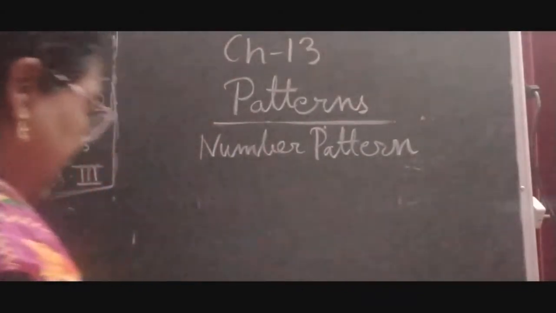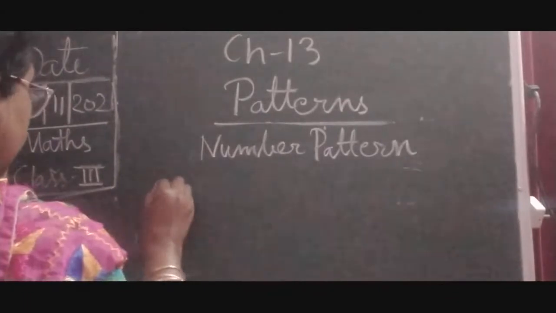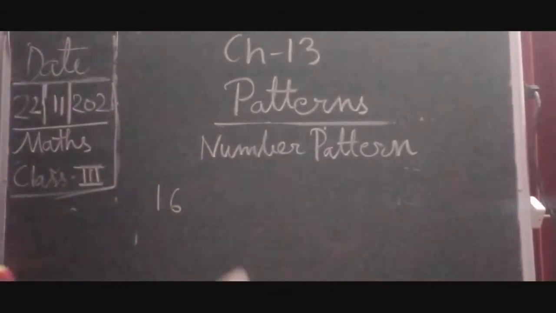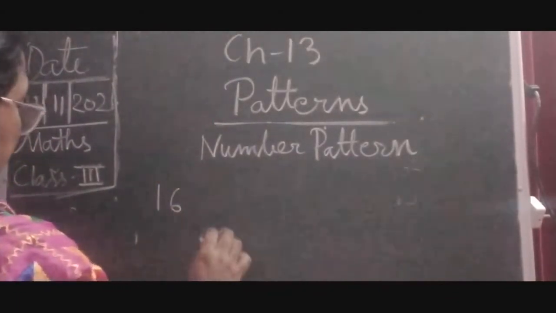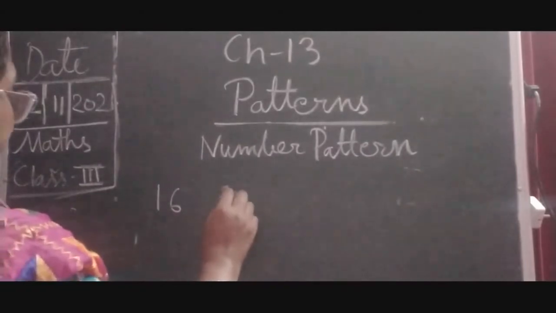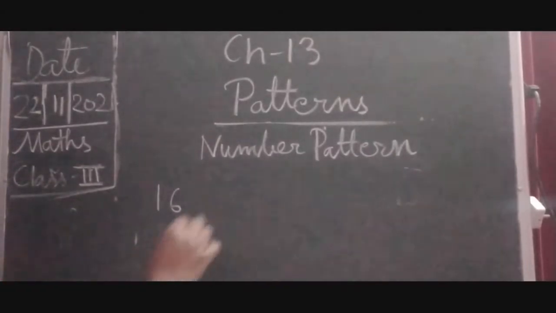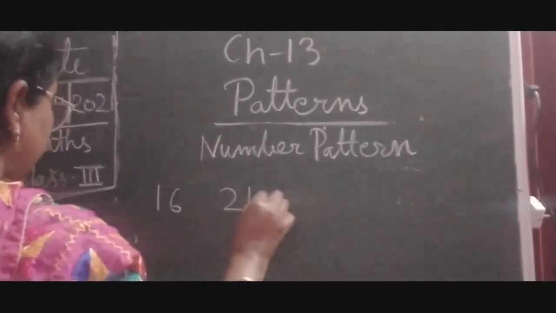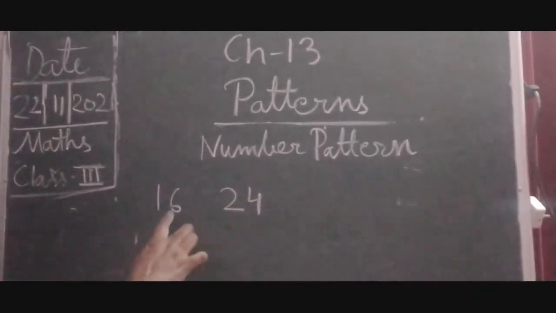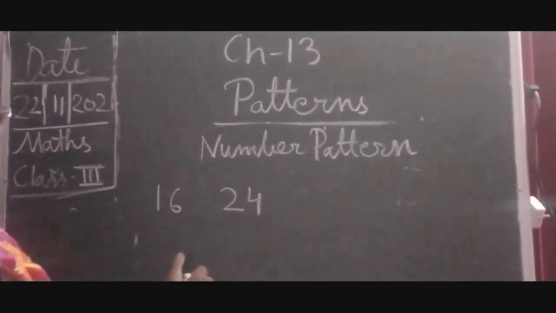Now children, I will give you the next example of pattern. Suppose this is 16. So 16 and here you can write 24. You just see the difference: 16, 17, 18, 19, 20, 21, 22, 23, 24.